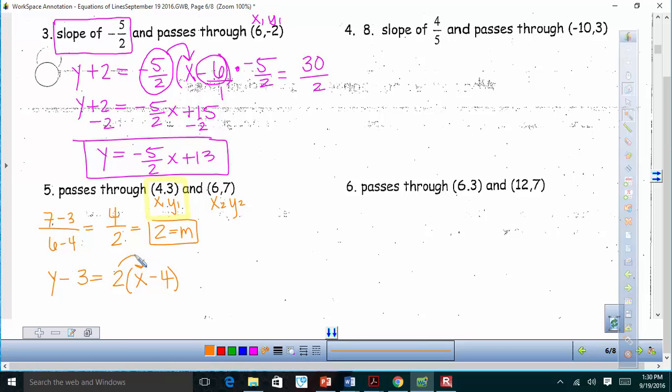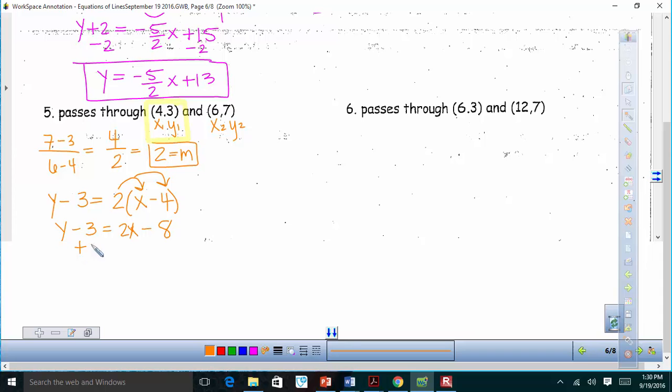So I'm going to do 2 times x and 2 times 4. So this is y minus 3 equals 2x minus 8. How would I get y by itself? Add 3 to both sides. And y would equal 2x minus 5.